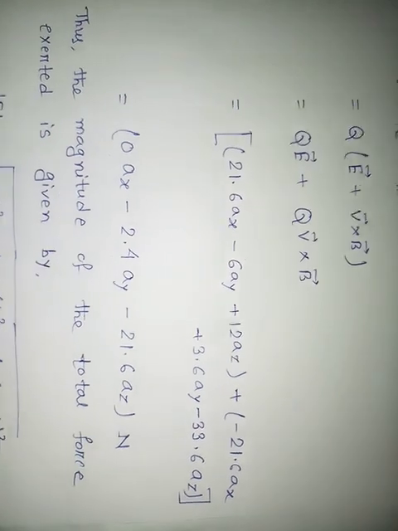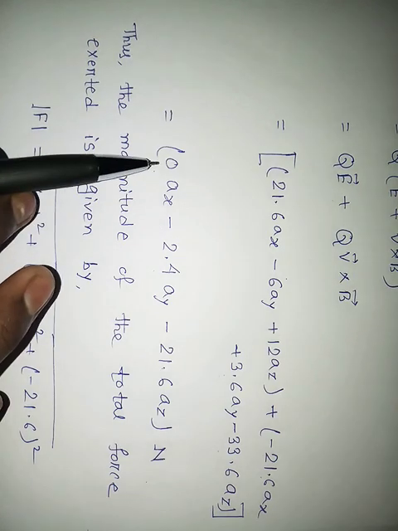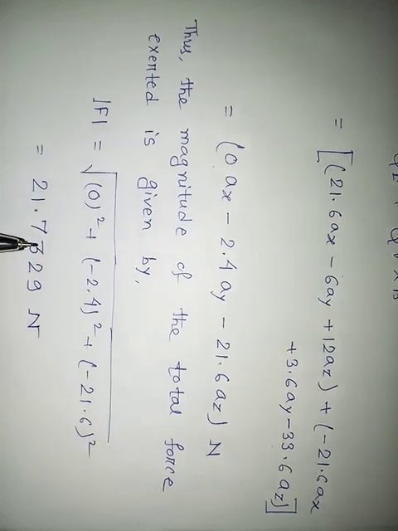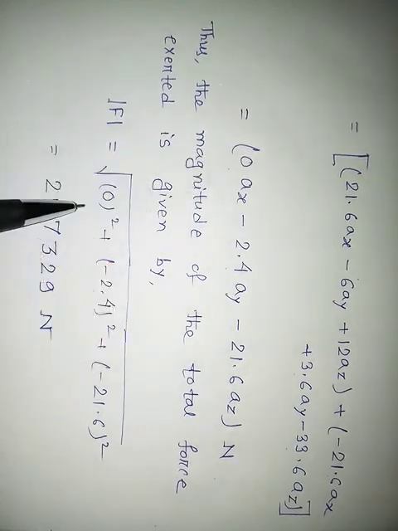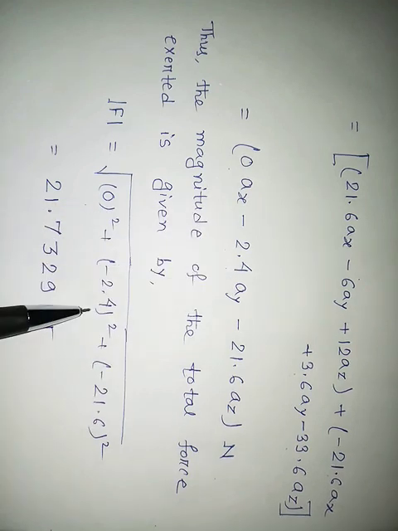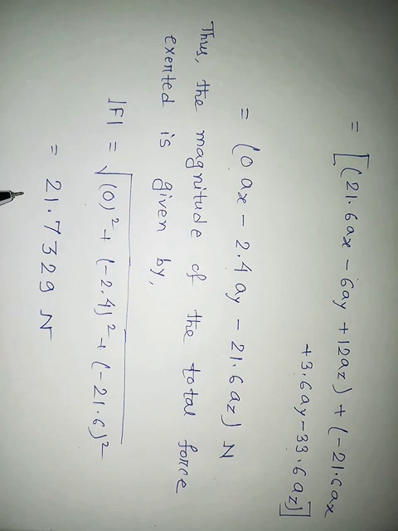For our total force magnitude, we take the mod value, the square root of the first coordinate coefficient, 0 squared, minus 2.4 squared, minus 21.6 squared, to the power root, and our answer is 21.7329 Newton.